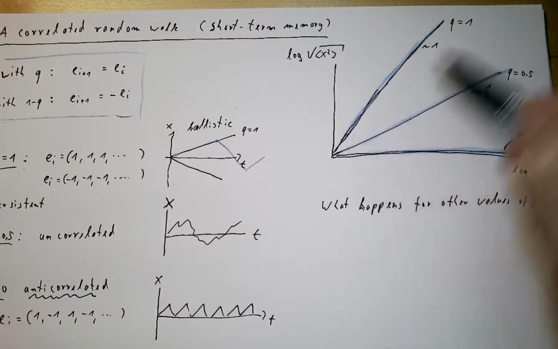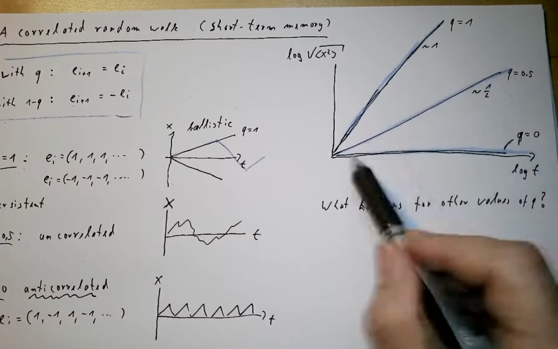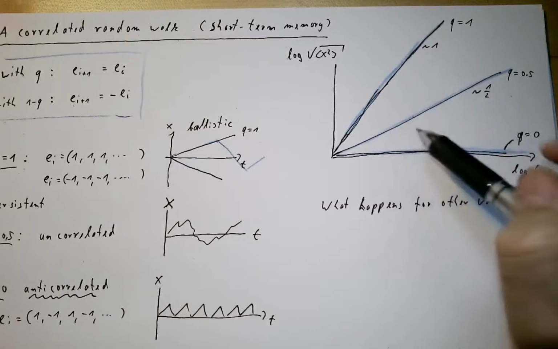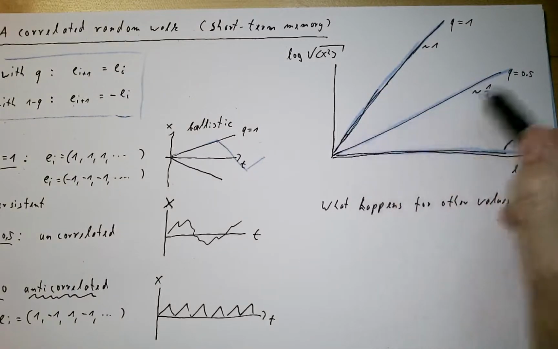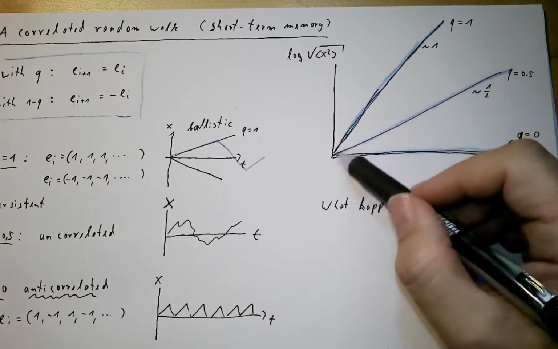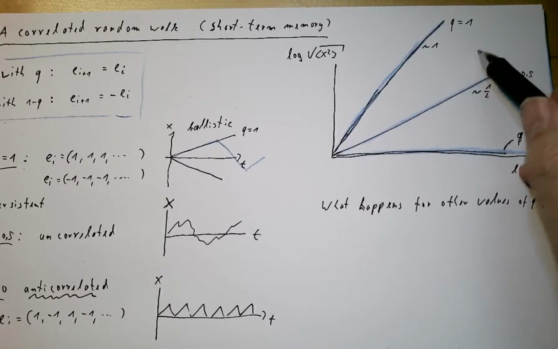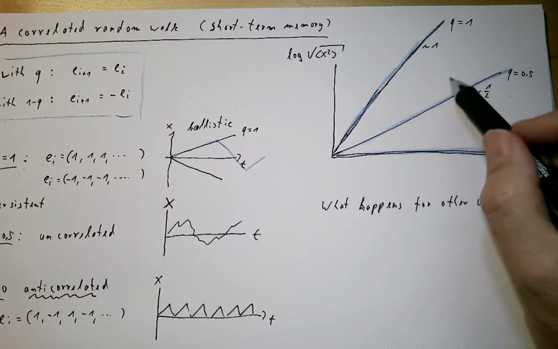For every q we make here a straight line, and the slope will be something in between. But you would see this would be wrong. For example, if q is larger than 0.5, we would have here a straight line which has something in between, and then we would have a motion here which is not diffusive anymore.